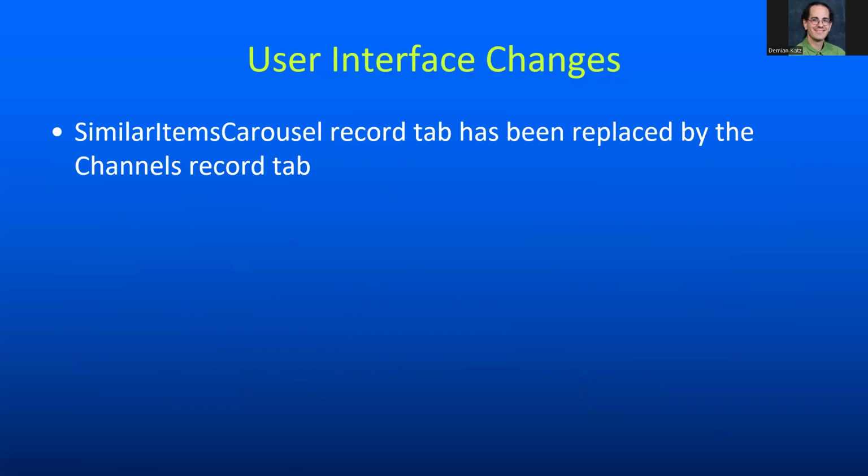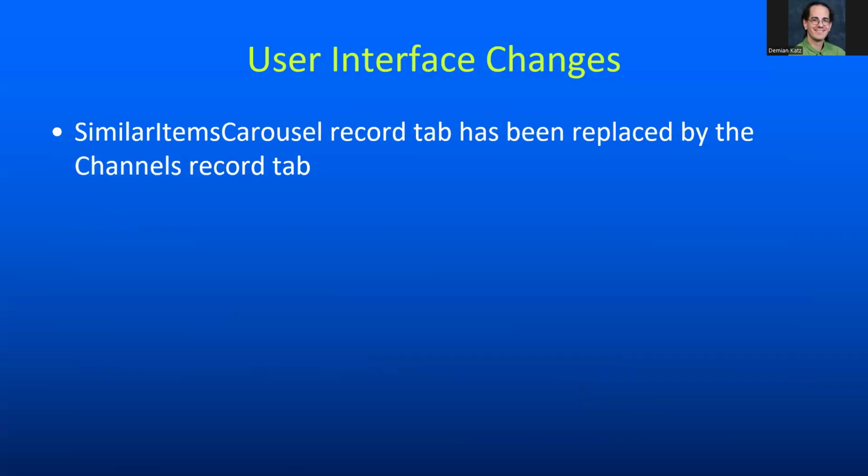Additionally, along the same lines of improving accessibility by getting rid of carousels, we had a record tab called the Similar Items Carousel. We've gotten rid of that and replaced it with our new Channels tab. The channels can load similar items just the same way the similar items carousel did.